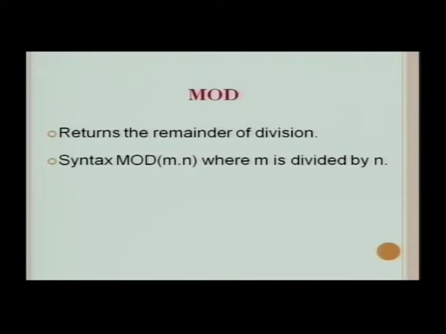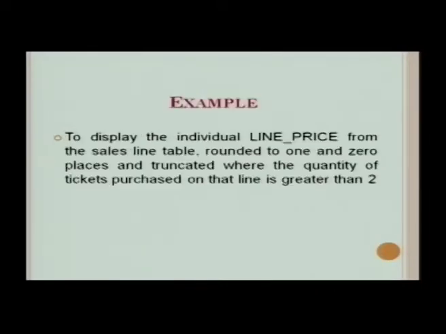There may be an occasion where you want the remainder as the return value. In order to get back the remainder, you have to use this mod function. You use 2 parameters, mod m comma n, where m is divided by n and the remainder is displayed. Let us understand this with the help of a query.